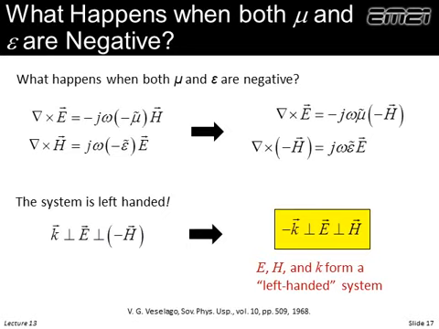Certainly in some anisotropic materials that's not necessarily the case, but for most materials of interest, E, H, and K are all at 90 degrees with respect to each other, and E cross H is in the same direction as K. They form a right-handed system.